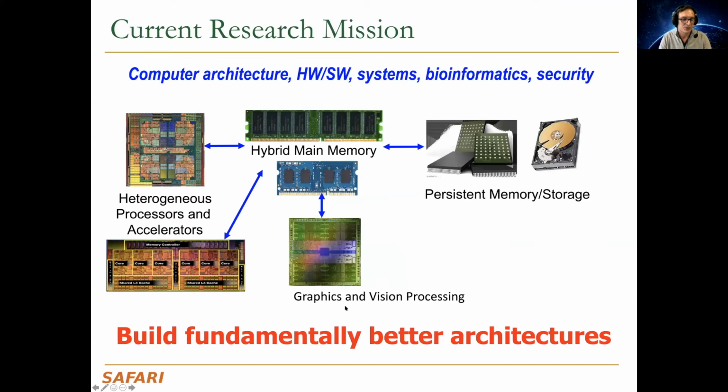Our current research mission is really building fundamentally better architectures, and that requires understanding all of the components of a modern computing architecture. And this course is really about the fundamentals of understanding these computing architectures. So hopefully you'll be interested in all of the aspects of computer architecture as much as I am.